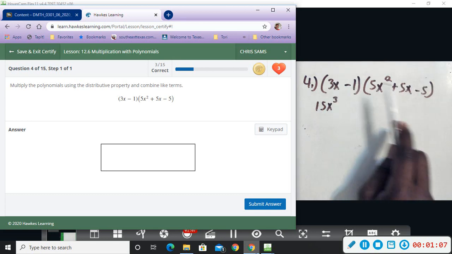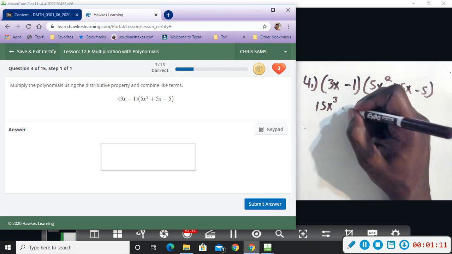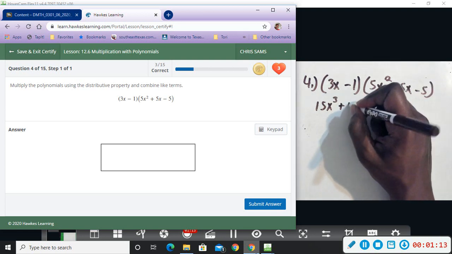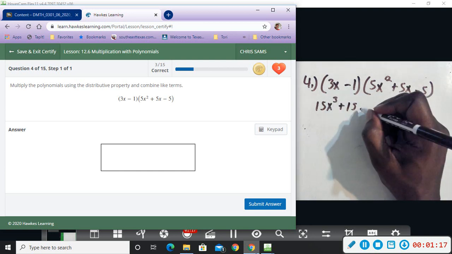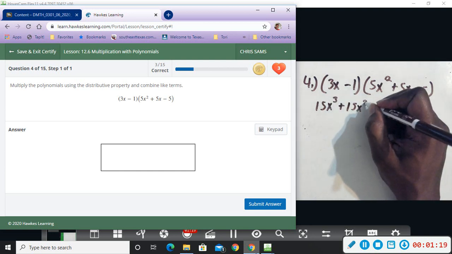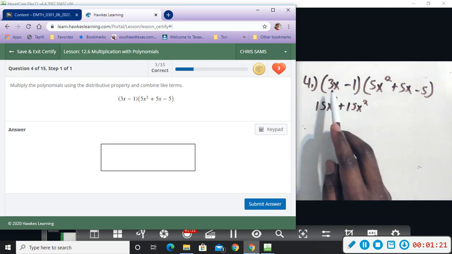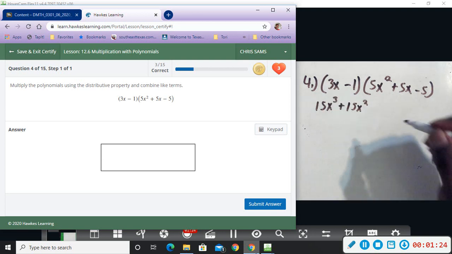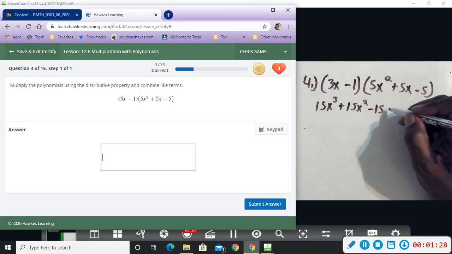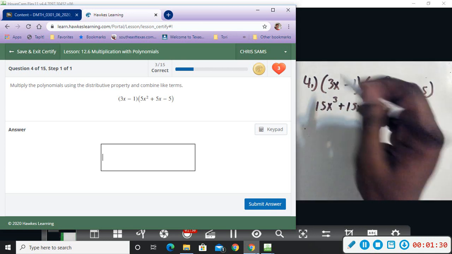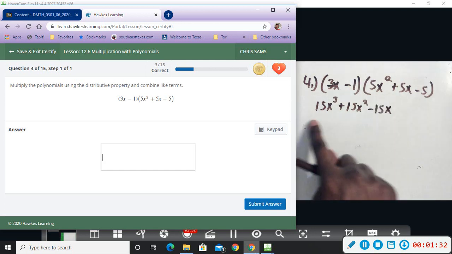Alright, 3x times 5x, so the 3 and 5 also give us 15, is positive, so plus 15. And then we have 1x plus 1x, that will give us 2x's, so x squared. And then the 3x and the negative 5 will give us a negative 15, and then we just have the 1x. Okay, so multiplying everything by 3x over here, this is what we get.